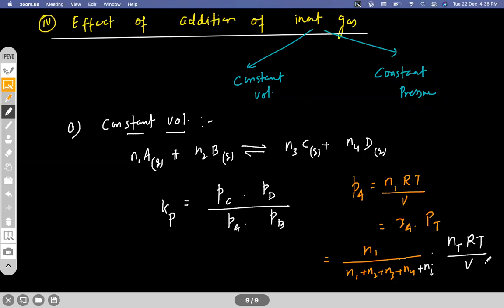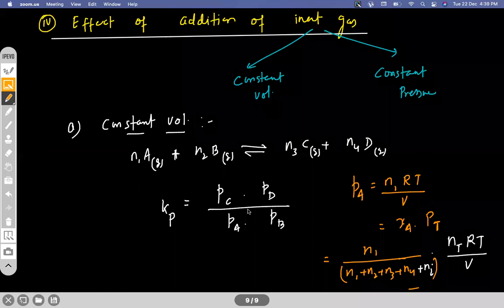So the point here is, if you write down this particular expression for PA, whether this inert gas is present or not, this will not have any effect on the partial pressure of A. When you add this inert gas at constant volume, the total number of moles here and the total number of moles here, NT, will get cancelled, isn't it?